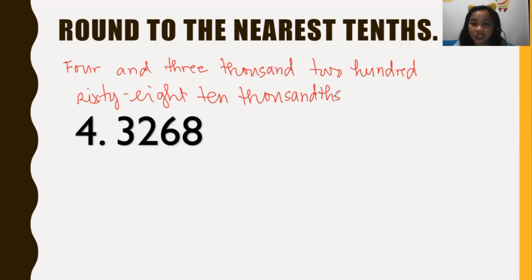So, i-change ko siya into word para ma-recall nyo rin. Now, we have 4 and 3,268 10,000. Round to the nearest tenths.